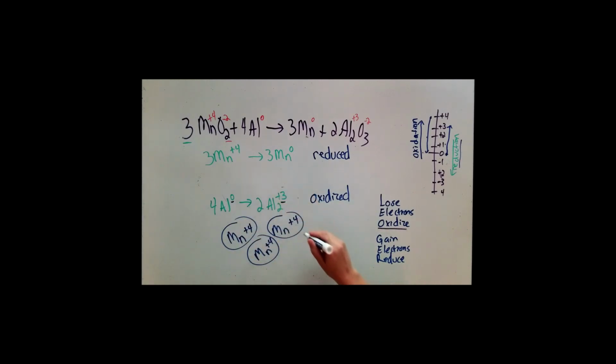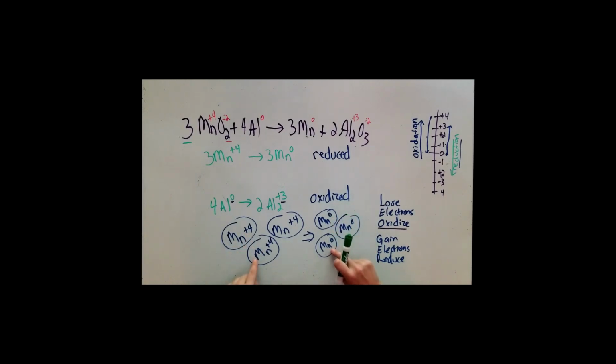Okay, I need to get so that I have 3 zeros, essentially, right? Well, how do I get from a +4 to a 0? How many electrons do I need? I need 4 electrons. It's asking, okay, to go from a +4 to a 0, how many negatives do I need? I need -4, right? So I need 4 electrons for each one.